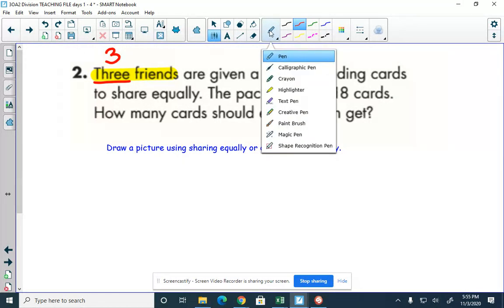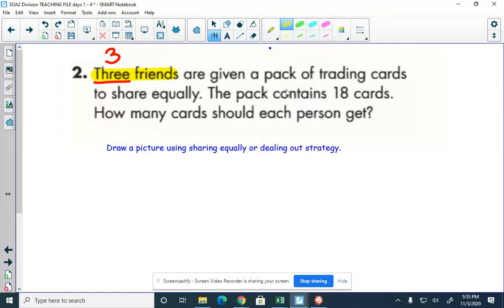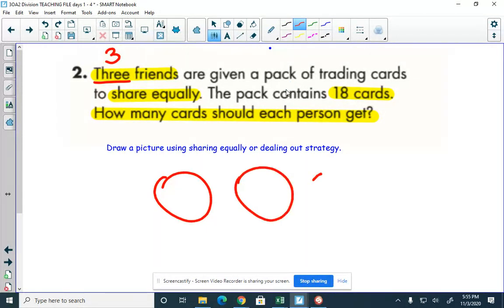They're given a pack of trading cards to share equally. That's important. That's letting your math brain know, hey, I am going to divide. The pack contains 18 cards. That's important. And so how many cards should each person get? I have a total of 18 being shared among 3 friends. So here's my 3 friends.